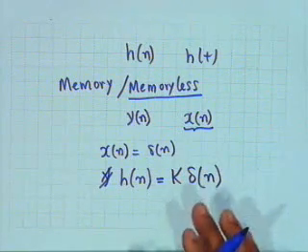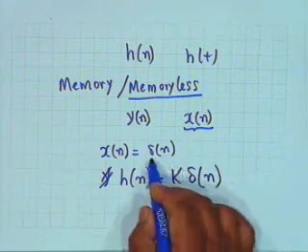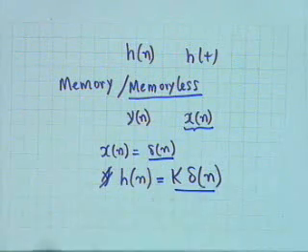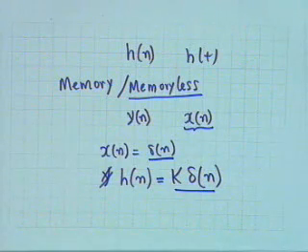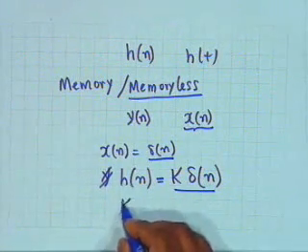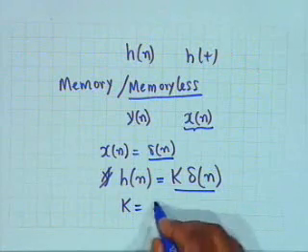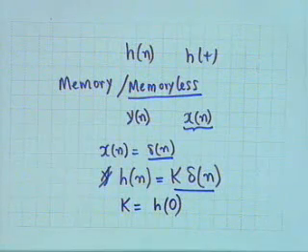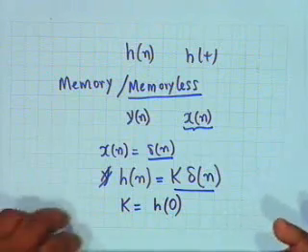That for a memory-less system, if the input is delta n, output must be k times delta n. It cannot be anything else, because there is only one sample at n equal to 0. And obviously the constant k is equal to h of 0, right? K is equal to h of 0.